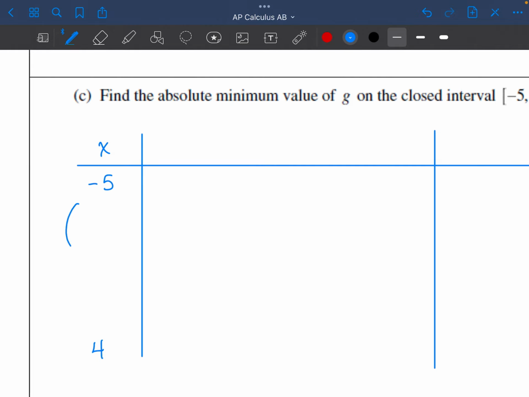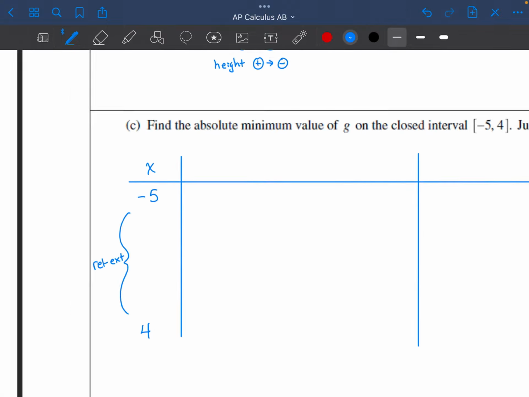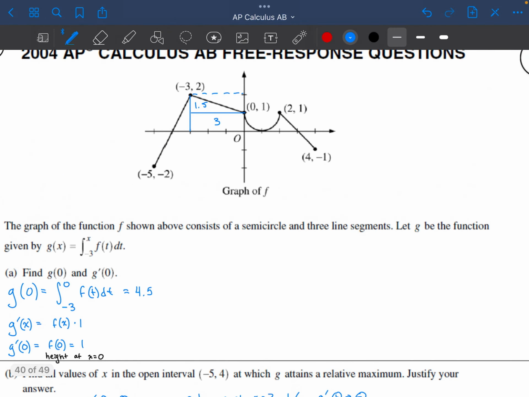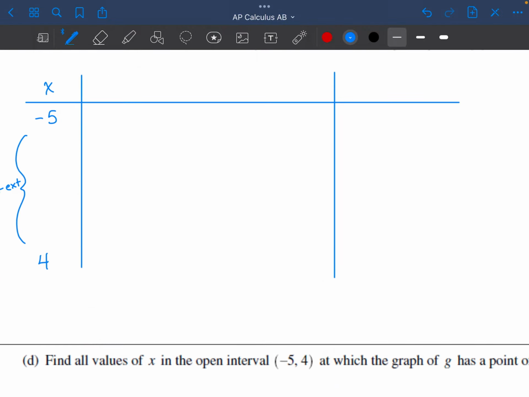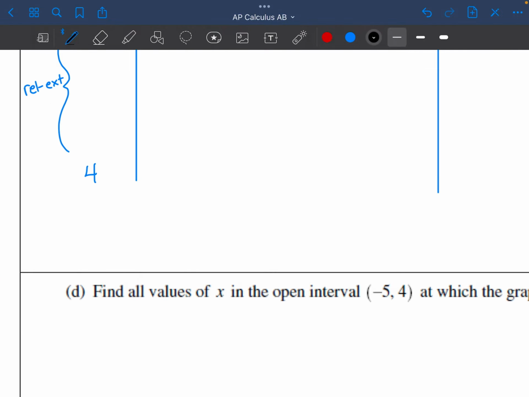So I'm going to say that this middle section right here is devoted to relative extremum, just meaning a maximum or a minimum. And that means that we are going to exclude the critical value that is not a relative extremum. So just to remind you, again, the definition of a relative extremum, I'll write it down here in a different color.